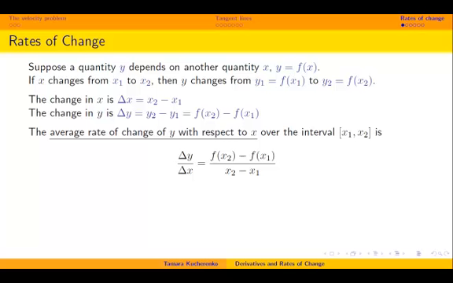The average rate of change of y with respect to x over the interval from x1 to x2 is the difference quotient delta y over delta x equals f of x2 minus f of x1 over x2 minus x1.